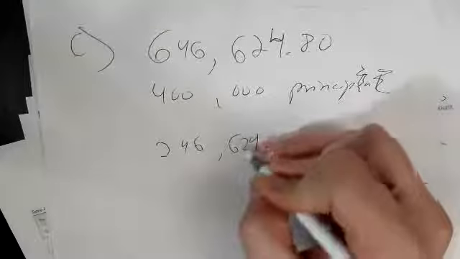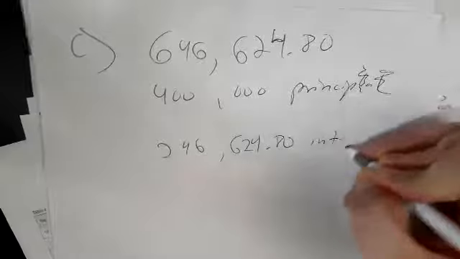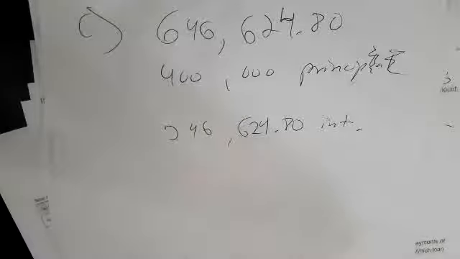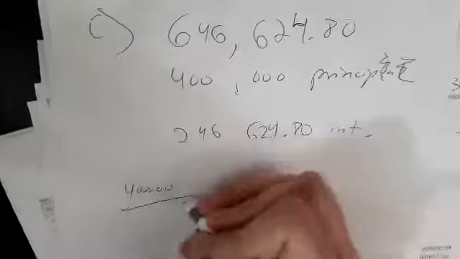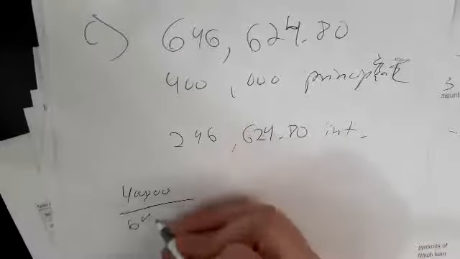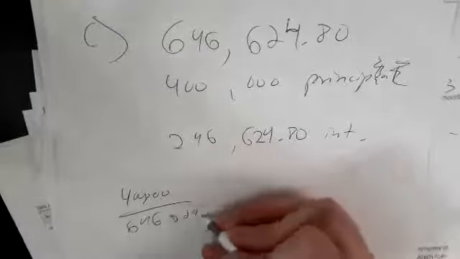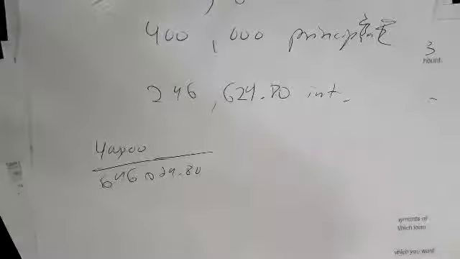I want to do 646,624.80 and interest. I want to know what percentage this is. We're dividing those things. So if I do the 400,000 over 646,624.80, I think I'm getting 61.9%.